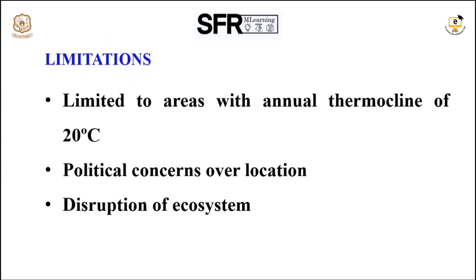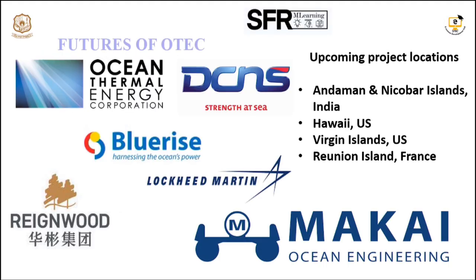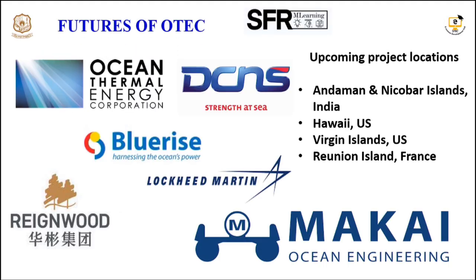So it has some other limitations. The first limitation is that the area needs an annual thermocline of 20 degrees Celsius, along with political concerns over locations and disruptions of the ecosystems. These are all the limitations, and beyond these limitations we can conclude with some of the futures of OTEC.